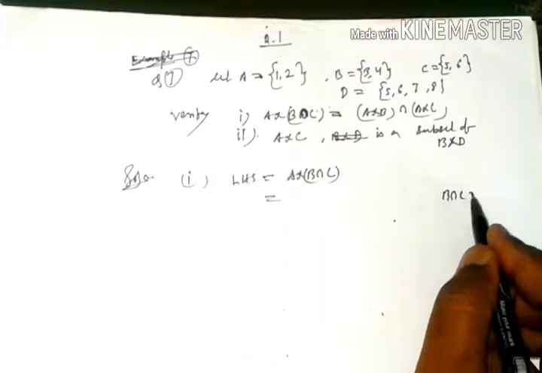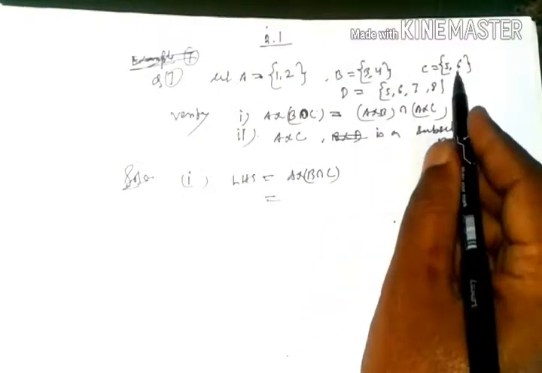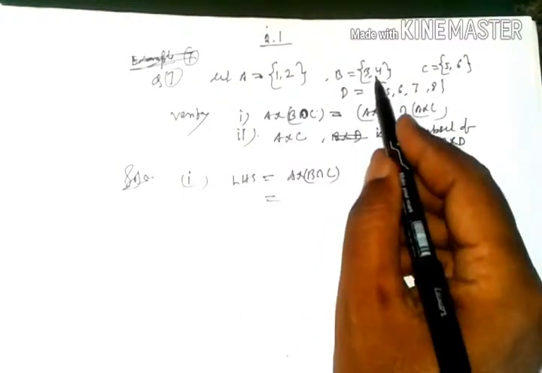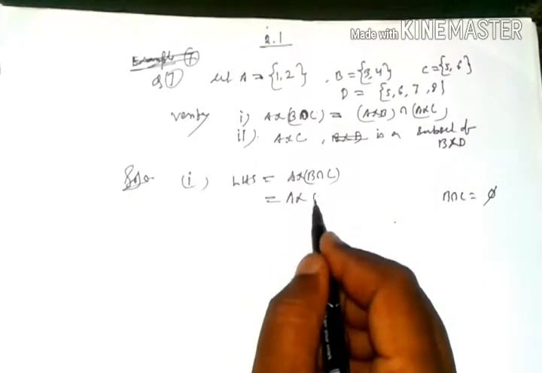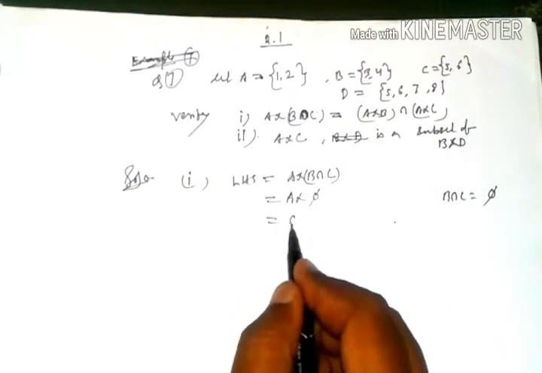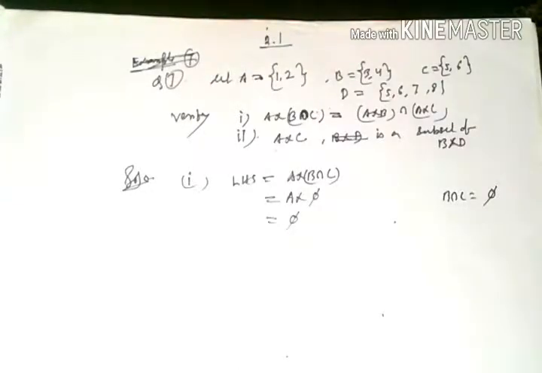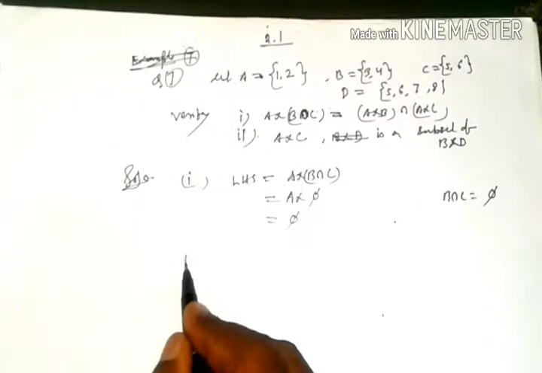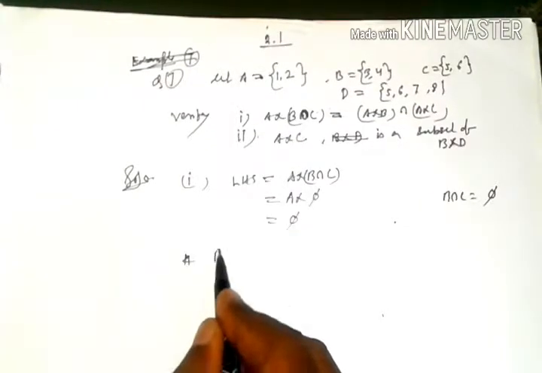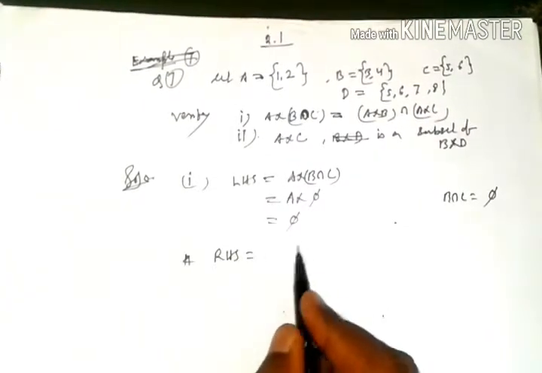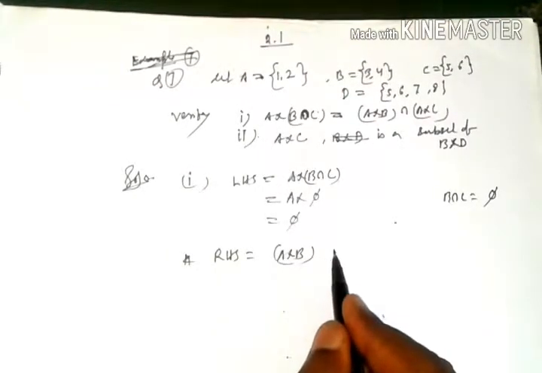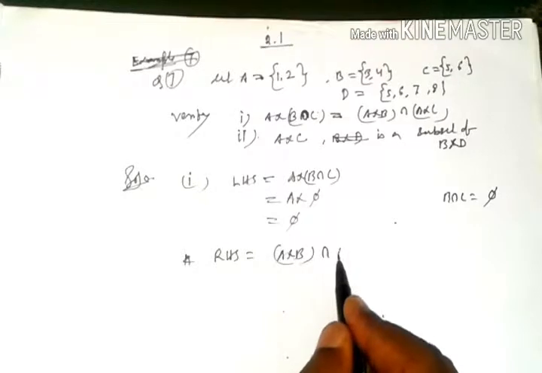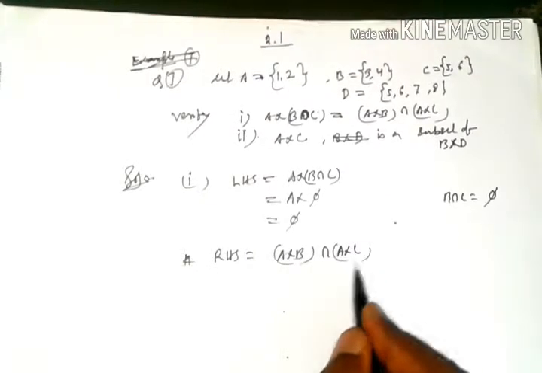B intersection C means {3, 4} intersection {5, 6}, that is phi. Therefore A cartesian product phi is equal to phi. This is the left-hand side. Now the right-hand side, (A cartesian product B) intersection (A cartesian product C).